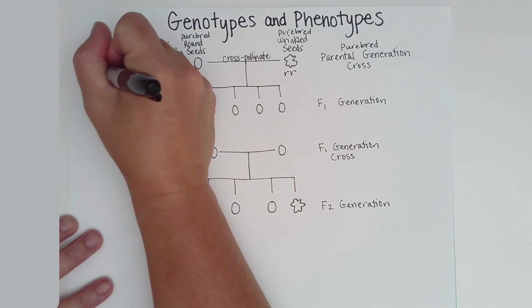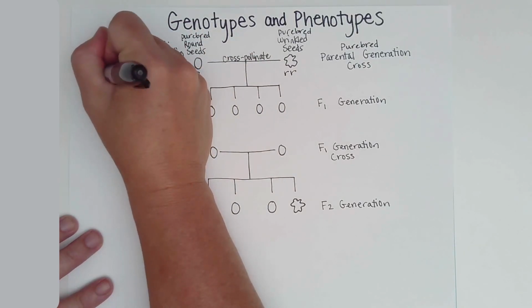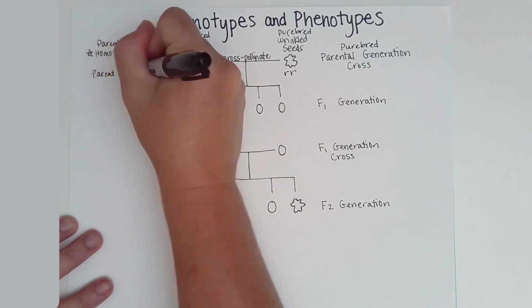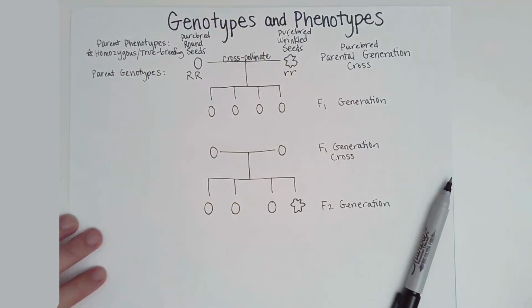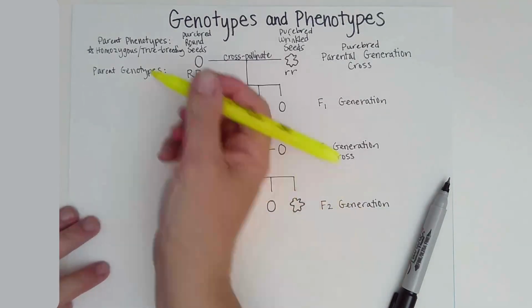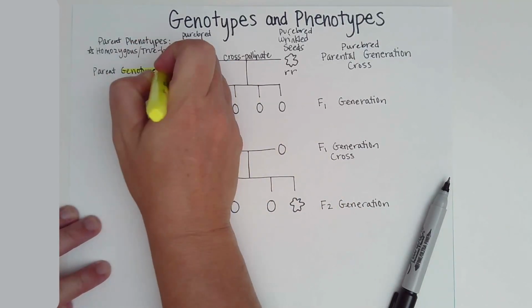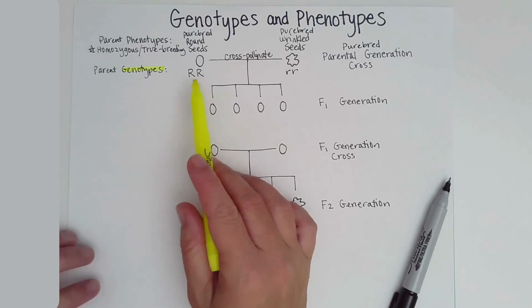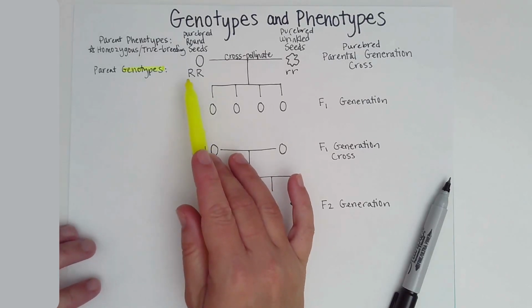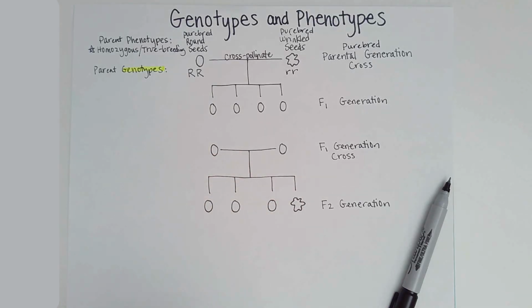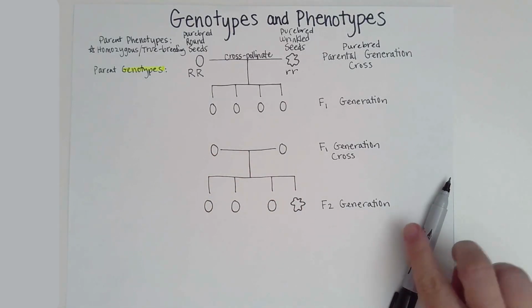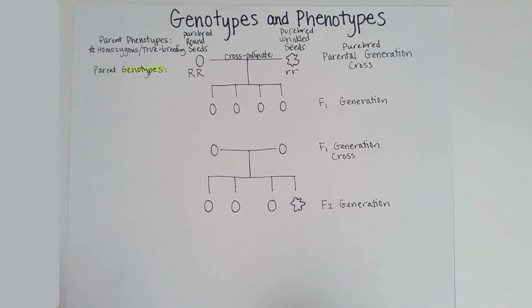So we're going to put that right here, the parent genotypes. So that's a new word in the notes so far on basic genetics. Genotypes refers to the actual forms of the genes that were inherited, and we use letters to represent the different traits.